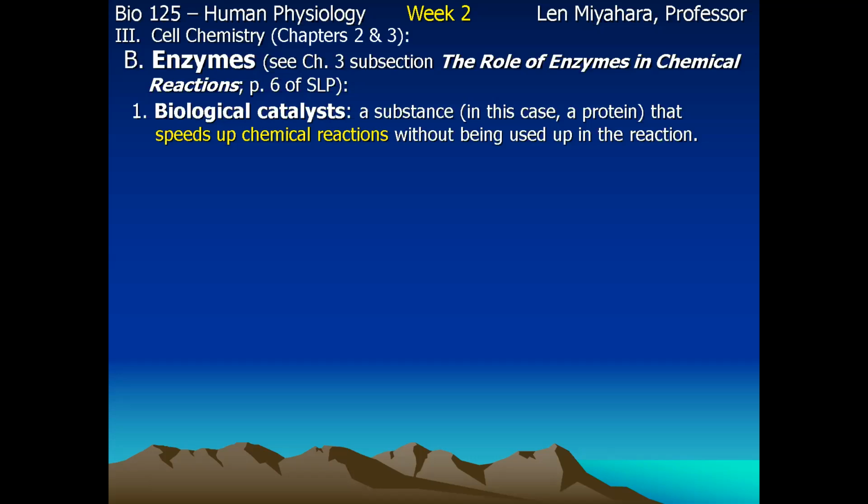And in chemistry, there can be various types of catalysts. In our cells, it is all done by enzymes. What you need to know is that enzymes are all proteins. I'm just going to put this underneath here as an example of proteins.